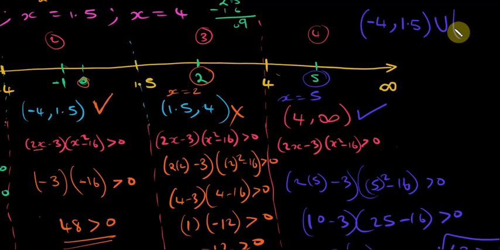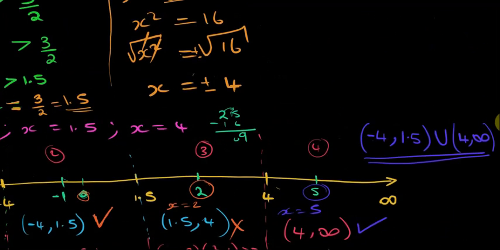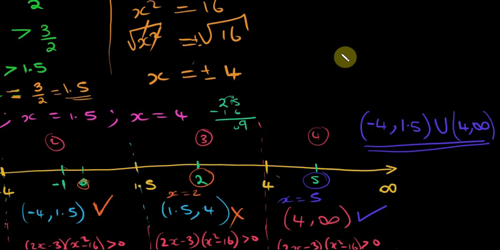The last region, which is 4 to infinity. So that's the region in which our condition is met. So 2x minus 3 times x squared minus 16 is met in these regions.